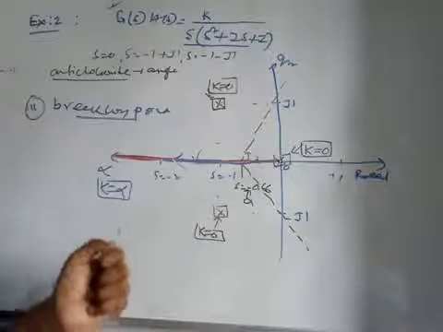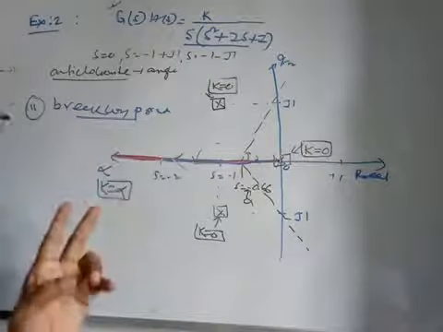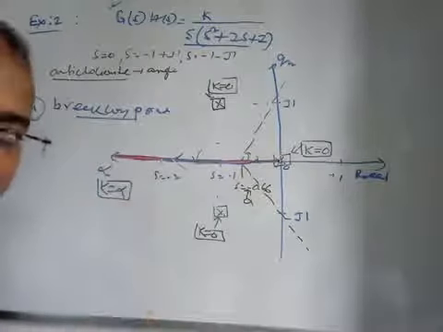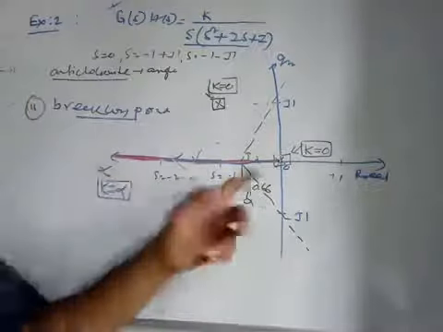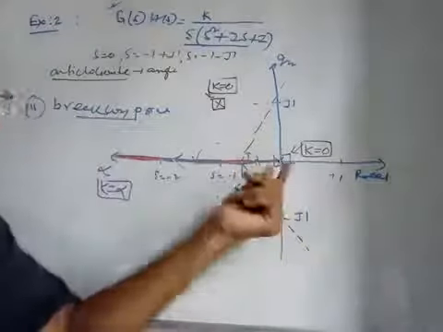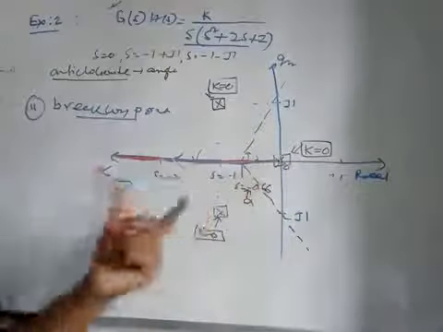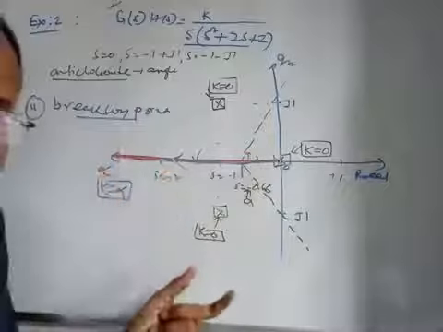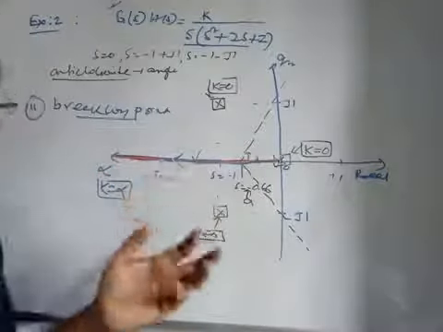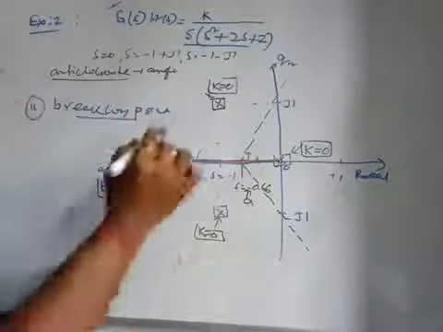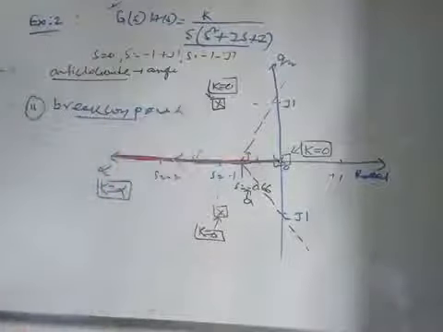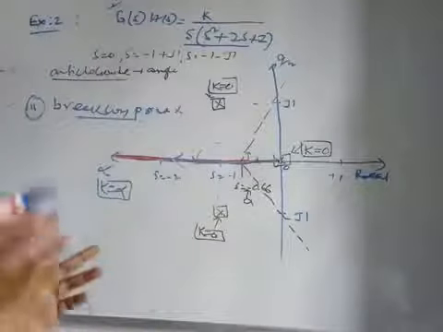See here, are there any two poles staying side by side on the real axis? No, there is only one pole on the real axis. So no two poles are residing side by side and there is no branch between them. So breakaway point determination is not required for this problem. So there will be no breakaway point, right?